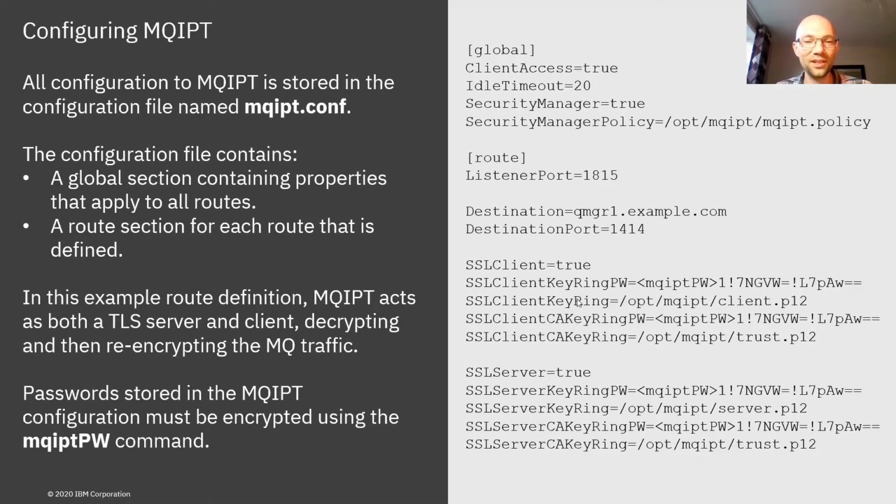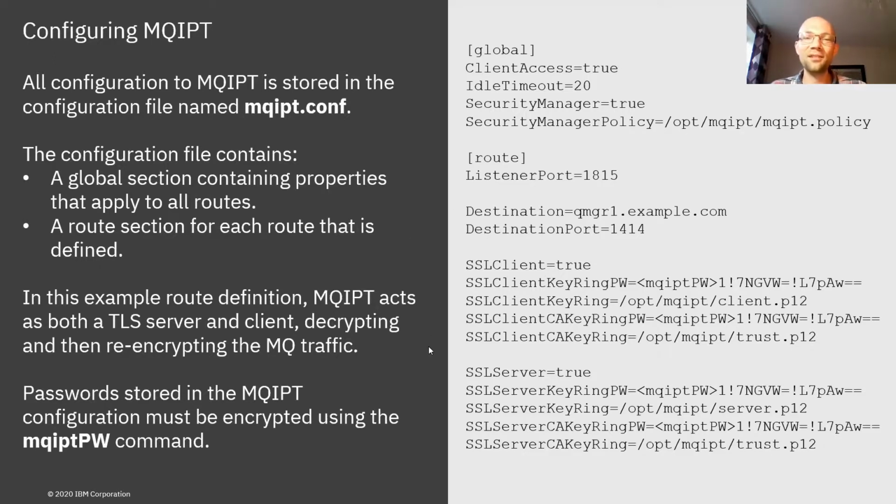So you'll see that we have a few properties there that are ending in PW, so those are the passwords for the keyrings. Those passwords all need to be encrypted because they're in the configuration file. The file system permissions are not enough on their own, obviously, to make entirely sure that those passwords can't be seen by people who shouldn't be seeing your passwords. So we do have a tool available called MQIPT PW, which is used to encrypt any passwords that you stick in the MQIPT configuration file.